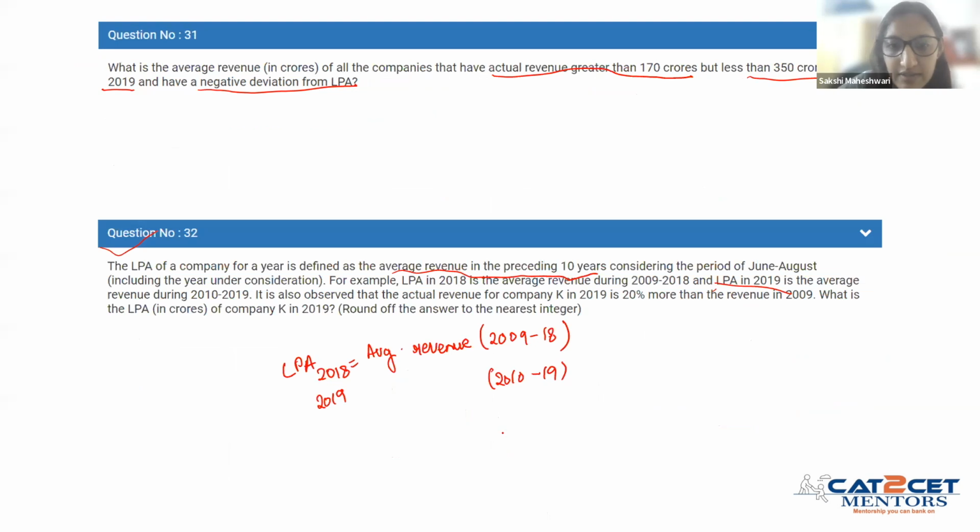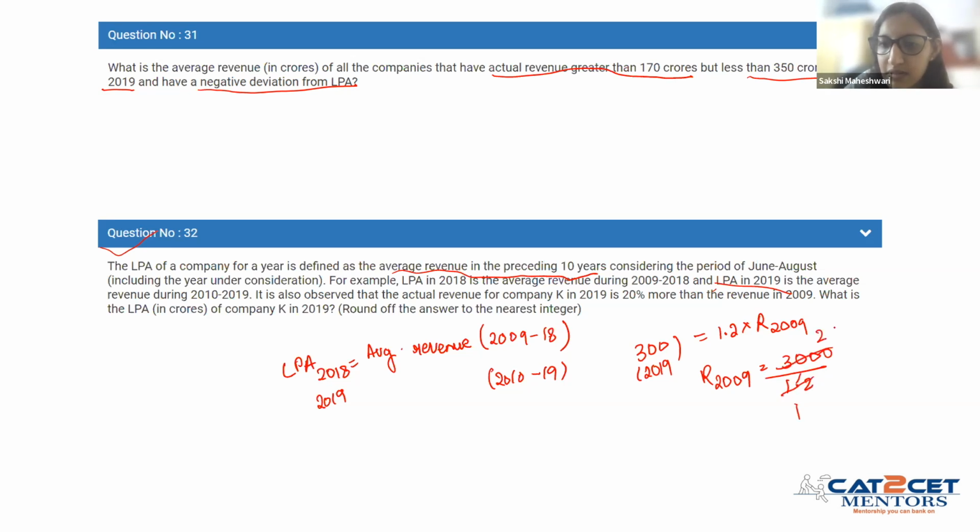So 300 in 2019 is 1.2 times the revenue in 2009. So what will be the revenue in 2009? 300 by 1.2. Tell me. Okay, so this is the revenue in 2009.